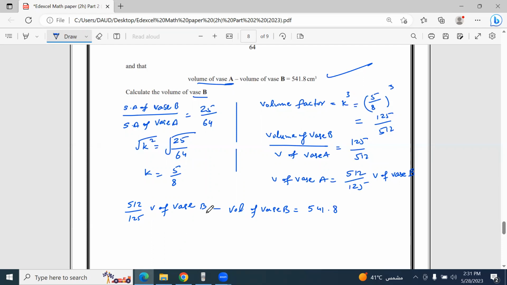As it comes two times, we can take it common, so volume of vase B times 512 divided by 125 minus 1 equals 541.8.